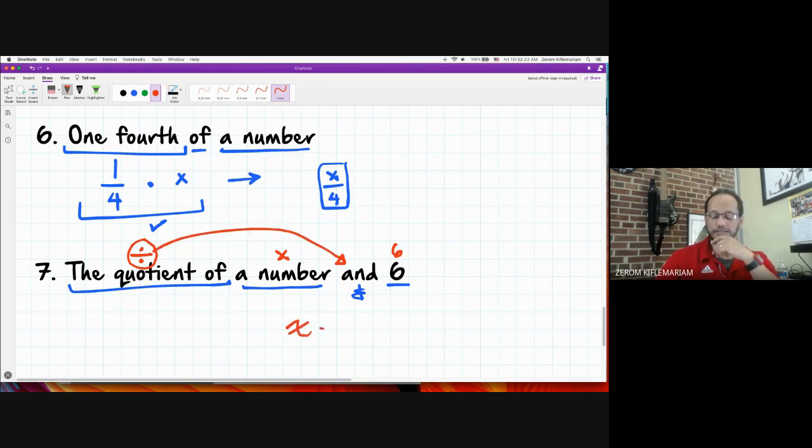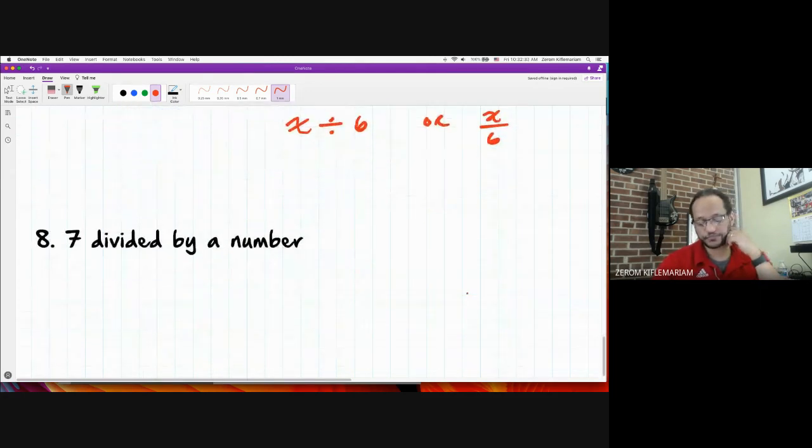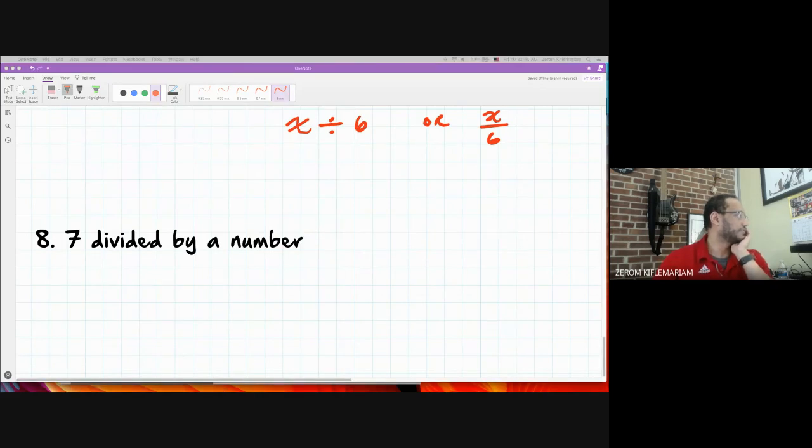So it'll be x divided by 6, or you can write x over 6 as a fraction. All right, so what we are looking at here is not that bad. We are just translating them, and some of them will require actually solving them because there's additional information.